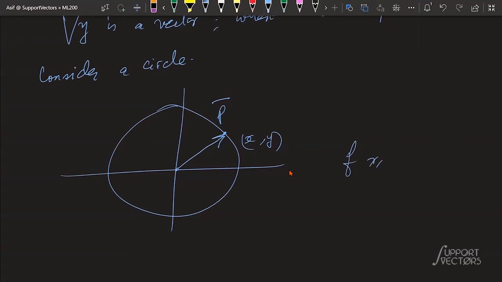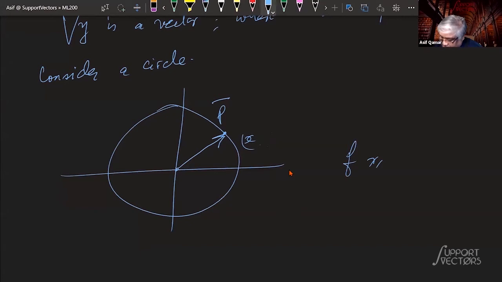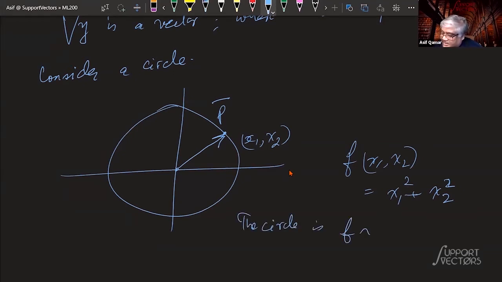Actually, let me use the notation x1, x2. I can write it as f(x1, x2) = x1 squared plus x2 squared, and the circle is f(x1, x2) equal to some constant, r squared. It is just a constant, what you call a contour line of this function.